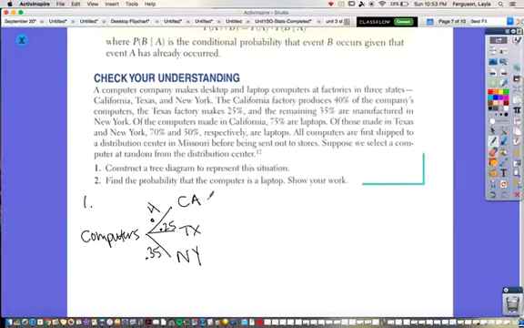All right, each one of these states makes laptops and desktops. So I'm going to split these up to laptops, desktops. And so each one gets those branches.